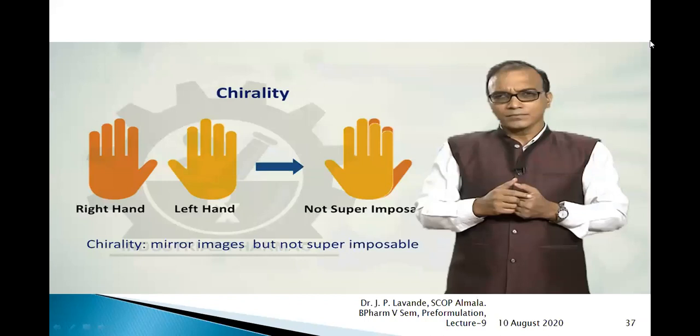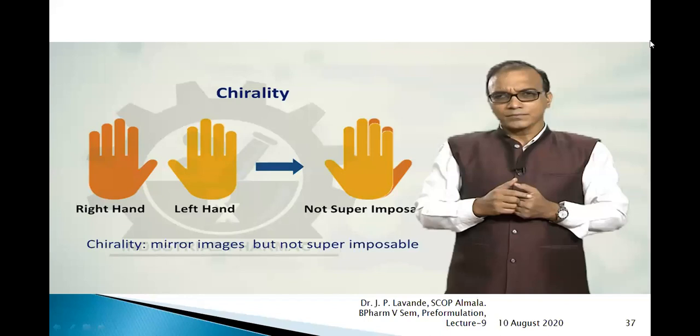Now again here Dr. Ajay Semalti is going to explain the same thing which I told you just now. Hold the right hand and left hand, and you will see that when you close your hands in a namaskar position, they coincide and clearly match with each other.